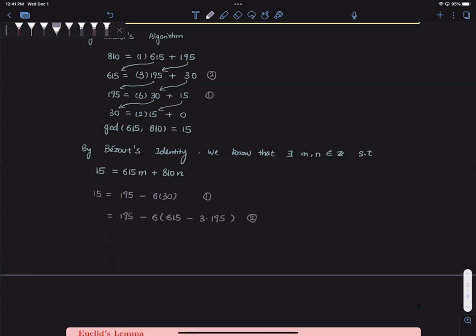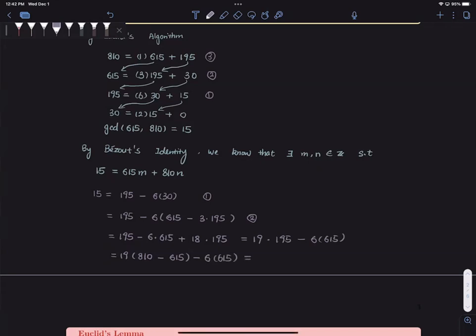Okay? You can open the brackets. You have 195 minus 6 times 615 plus 18 times 195. So this is 19 times 195 minus 6 times 615. And 195 can be substituted by the third equation. So this is, move it to here, 19 times 810 minus 615, minus 6 times 615.